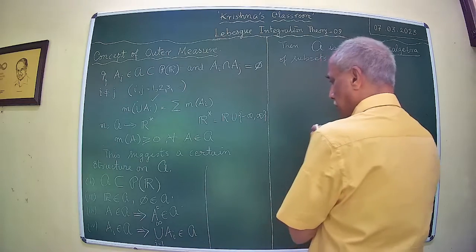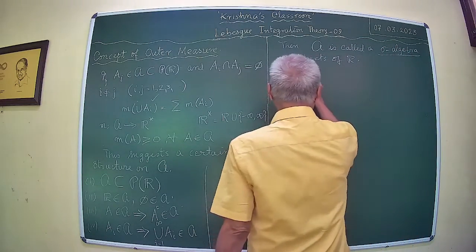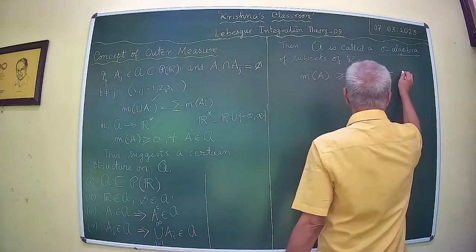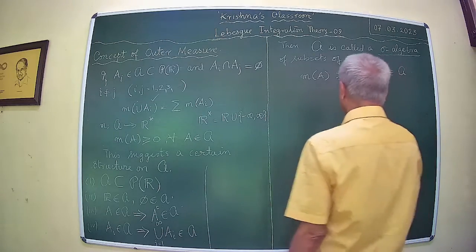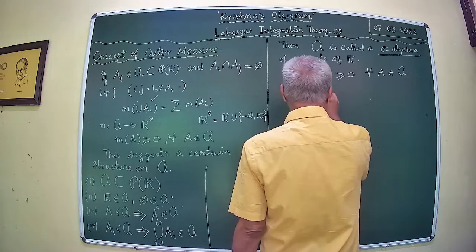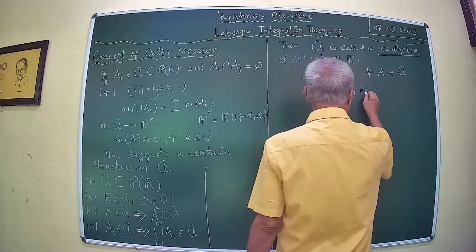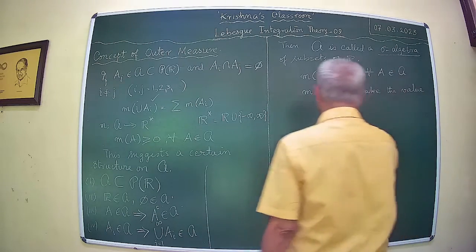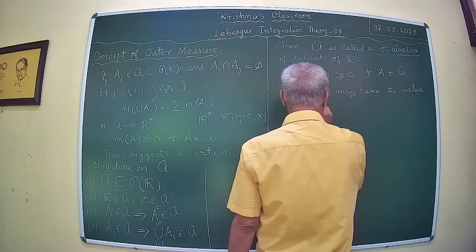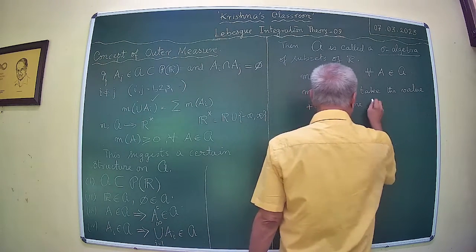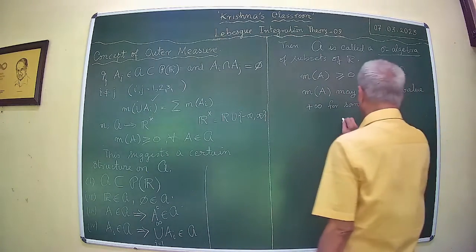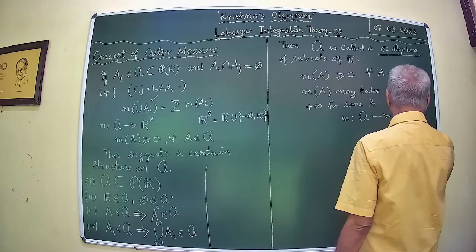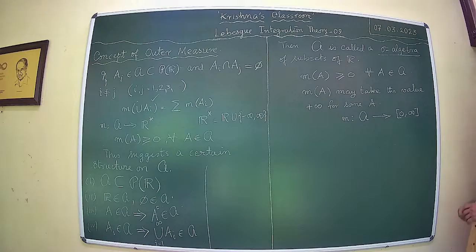See that one of the properties that is required is that m of A is in 0 to plus infinity, that means m is a map from A into, let me put this so that infinity is also included in this.